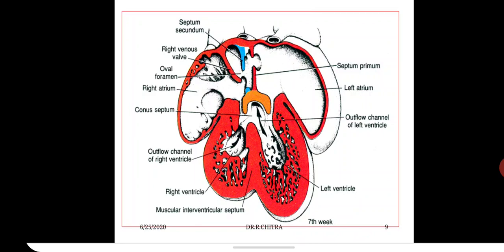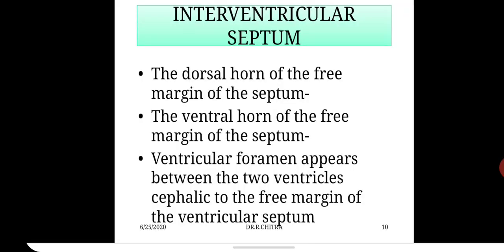Again the septum has appeared a little more, so that it tries to reach the septum intermedium. If you see, the dorsal horn of the free margin of the septum is continuous with the right edge of the dorsal AV cushion.